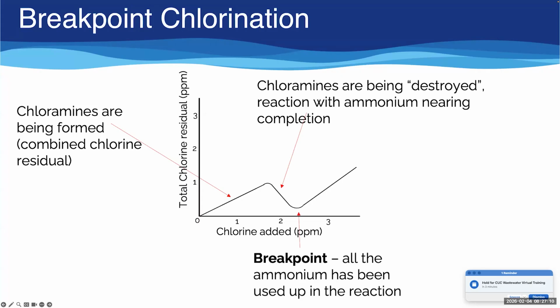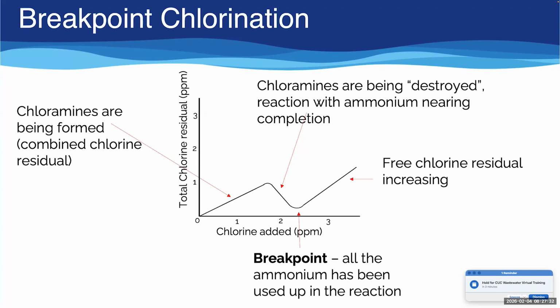At this point, basically, all of the ammonium has been used up in the reaction, and any additional chlorine that gets added results in free chlorine residuals being produced. So this is where that free chlorine residual, that effective disinfectant, shows up on the graph.